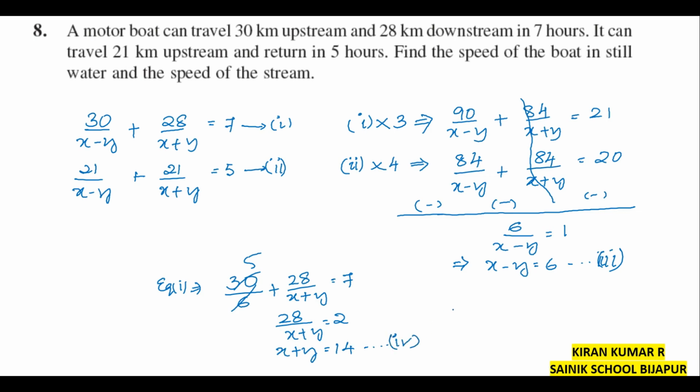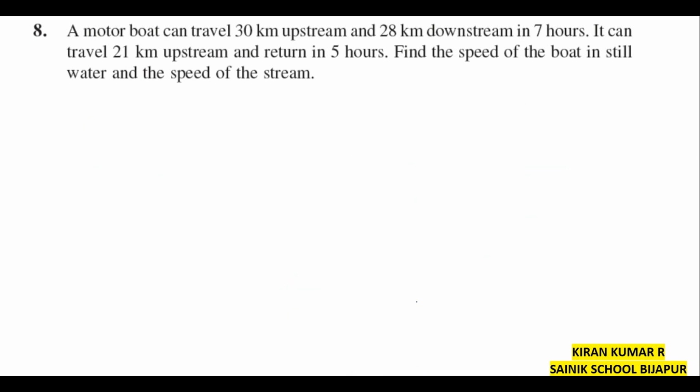Now we have got the two equations, x minus y is equal to 6, x plus y is equal to 14. Let us solve them. The equations obtained were x minus y is equal to 6 and x plus y equal to 14.